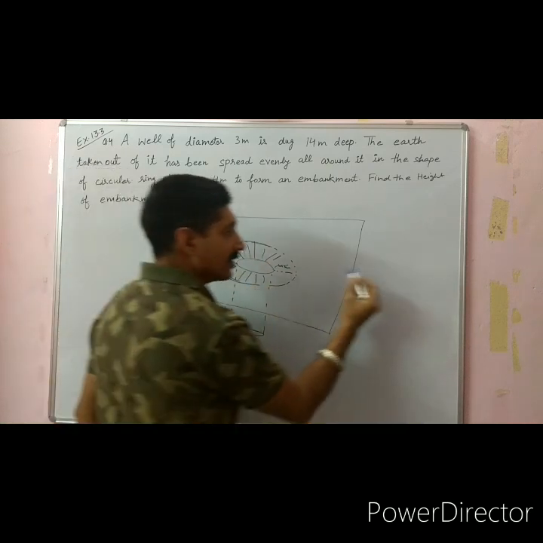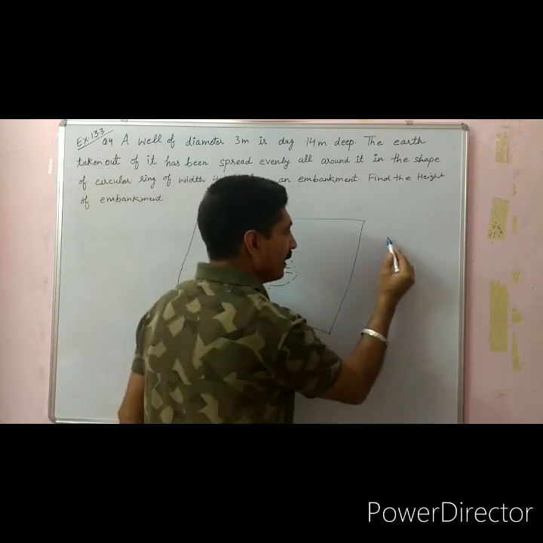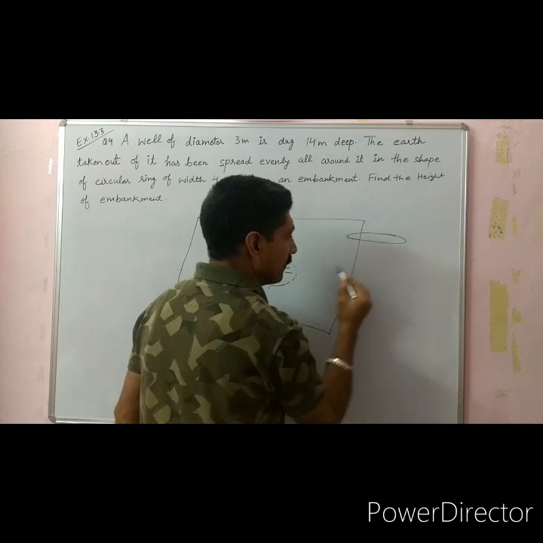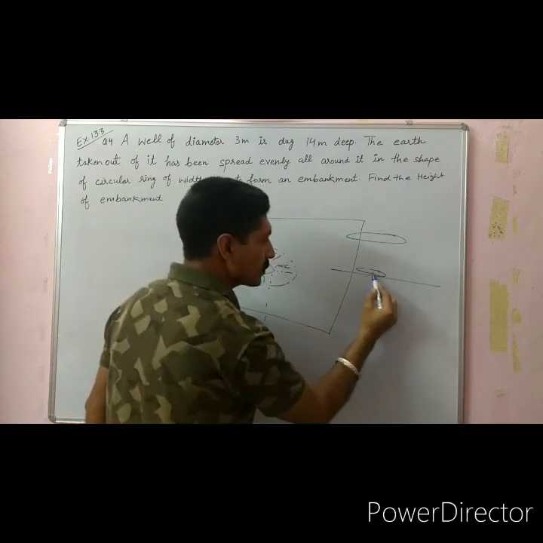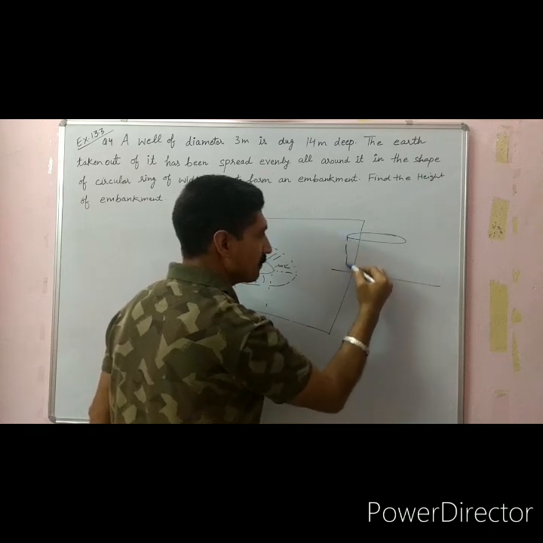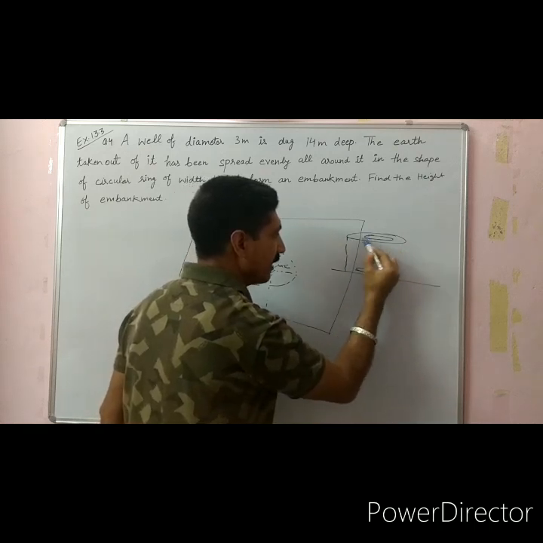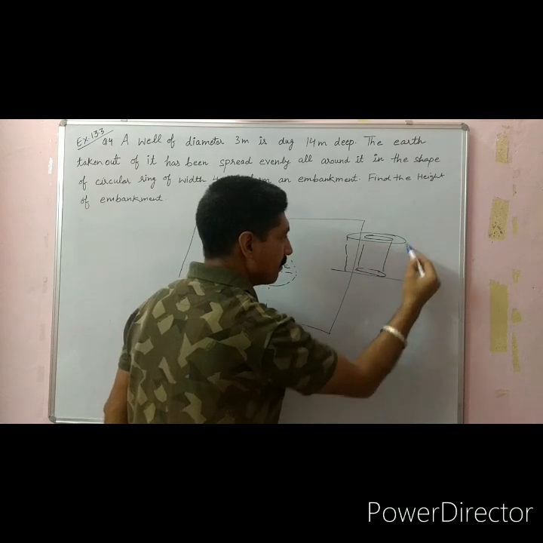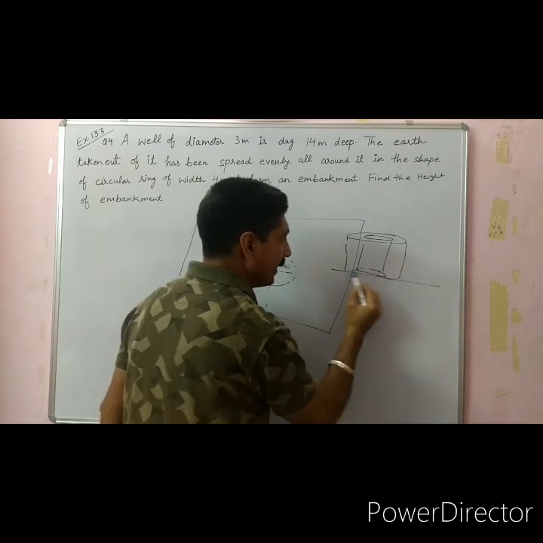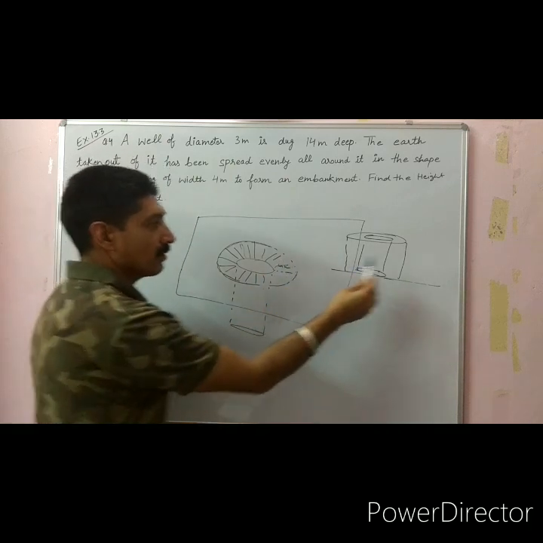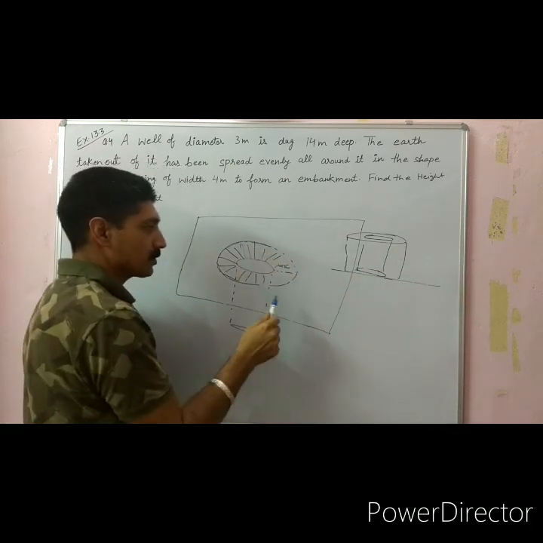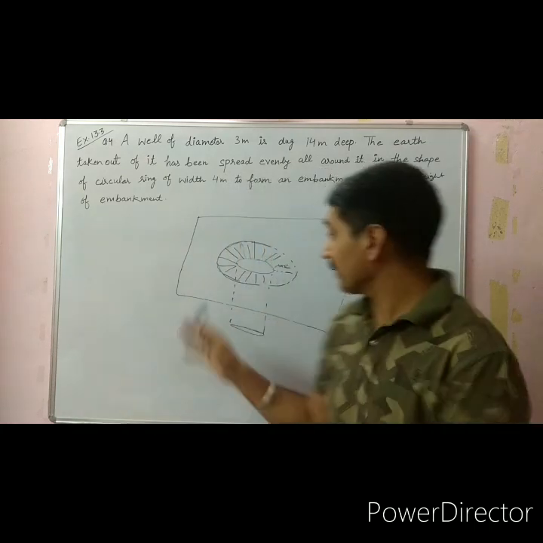So we get a kind of shape here. If this is the surface, inside we have the well, and outside the well we have this shape, a kind of threshold on the plane, for the protection of the well, so that animals cannot enter.